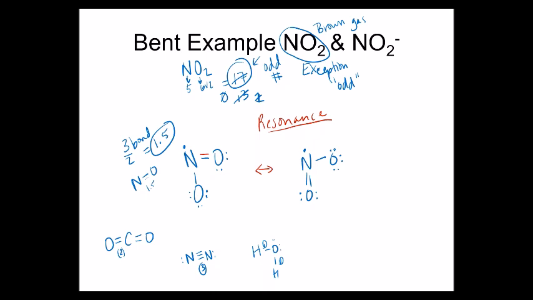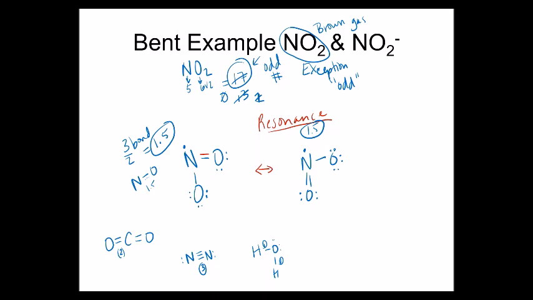Does that make sense? So it's split. Each one has a full bond and then they have half a bond from the extra pair of electrons. So the bond order in this resonance structure is 1.5. So it equally distributes. You get what I'm saying?